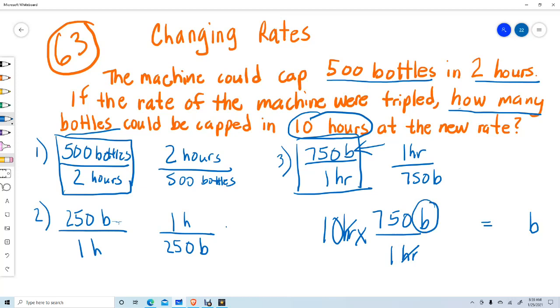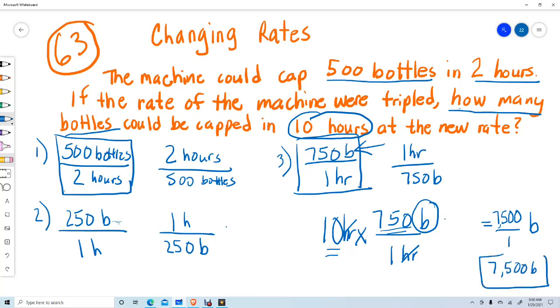And then let's look at our numbers. We have 10 times 750. We're going to add a 0. 10 times 750 is 7,500 over 1, or just 7,500 bottles.